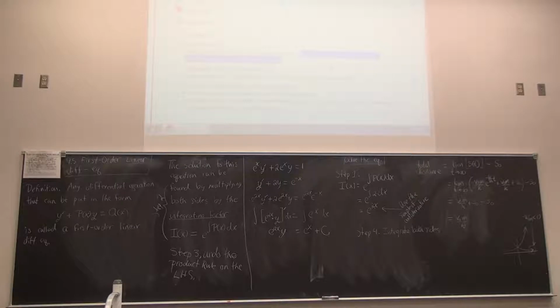In some ways, they're a little bit more straightforward than separable equations, because with separable equations, you have to wrestle around with how it can factor with variables to one side, variables to the other side, and that's not always completely straightforward. So remember, we're solving differential equations, which implies we want an explicit solution.